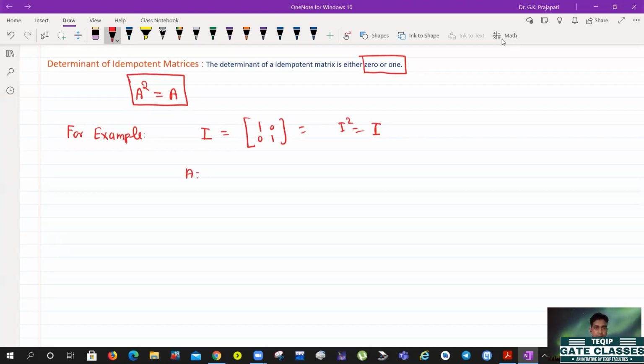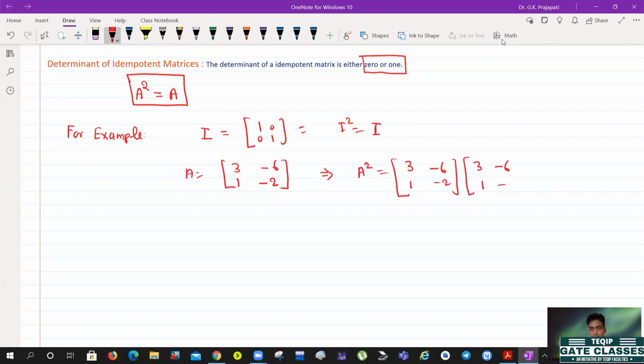We can take another matrix whose elements are 3, -6, 1, -2. We find A square. It means 3, -6, 1, -2, multiplied again by 3, -6, 1, -2, and we get, when we multiply the first row with the first column, 3 into 3, 9, minus 6, that is 3.